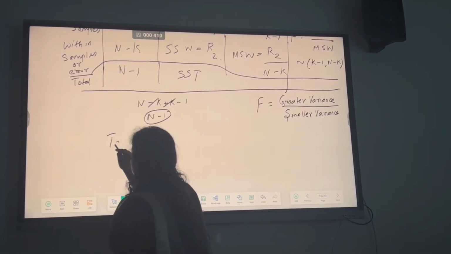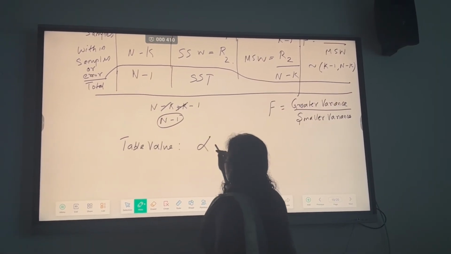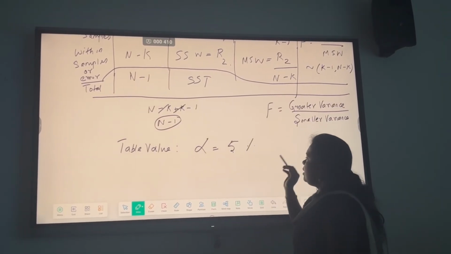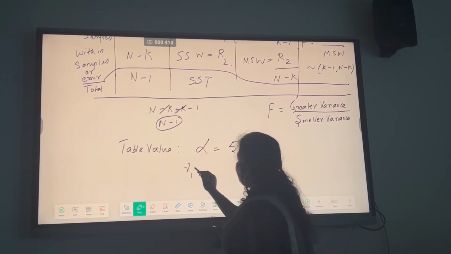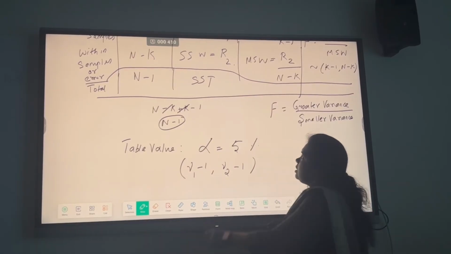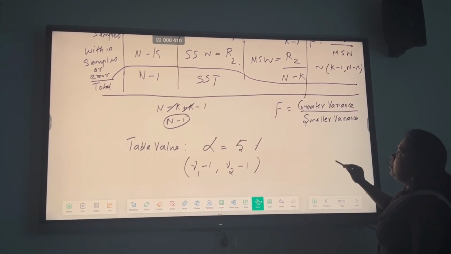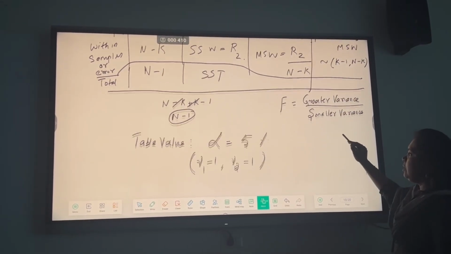The table value is obtained by selecting the critical value alpha to be 5%. We have to know two values, mu1 minus 1 and mu2 minus 1, according to the values given here.